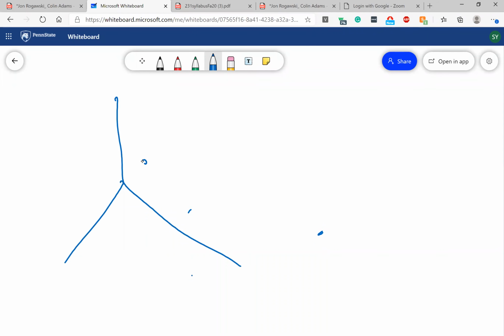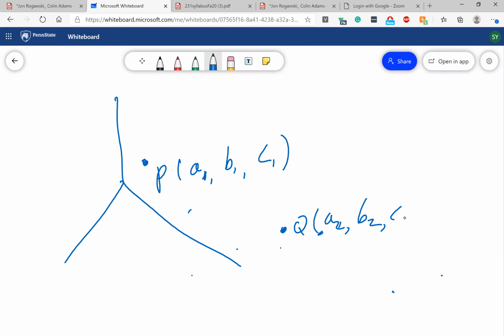So let's say we have this point over here, the point P, which will have coordinates A1, B1, and C1. And then you have another point over here in R3. Let's call it Q, and it has coordinates A2, B2, and C2.